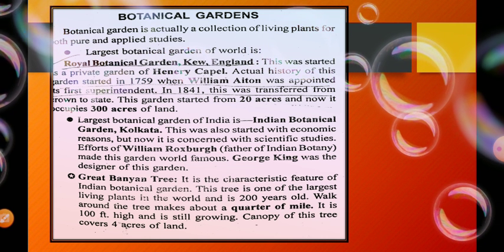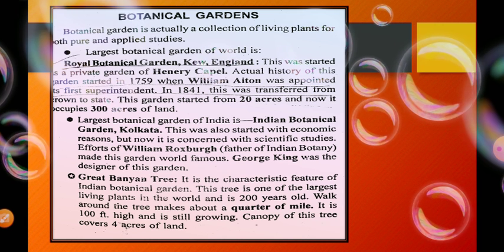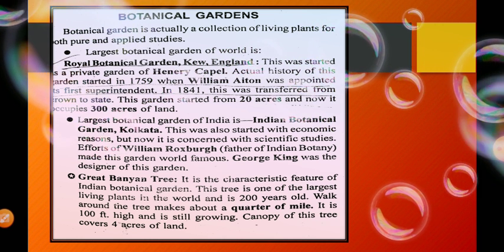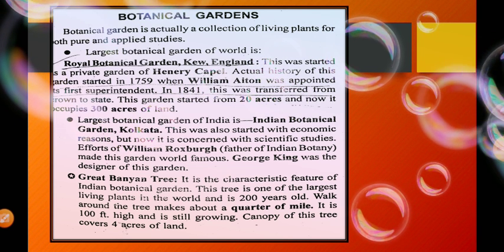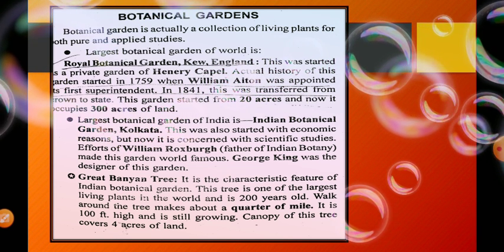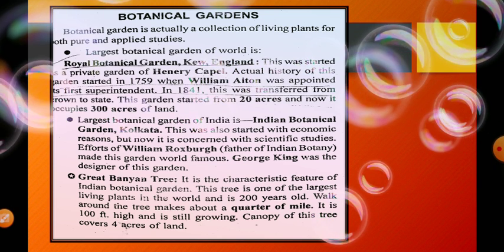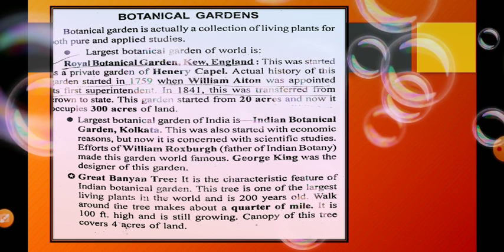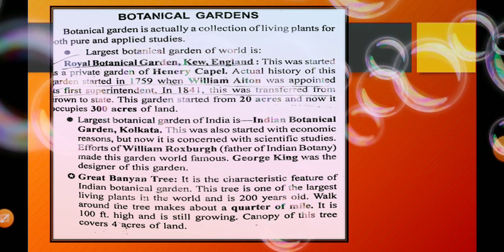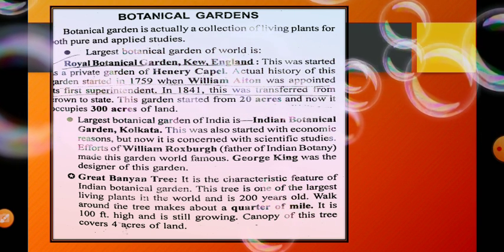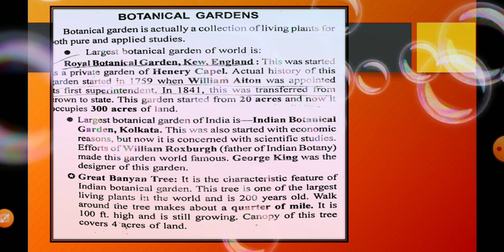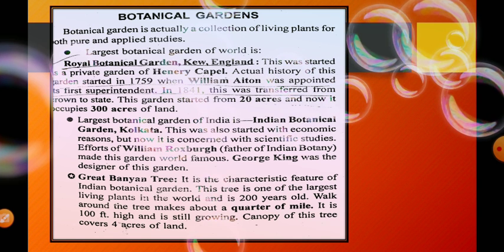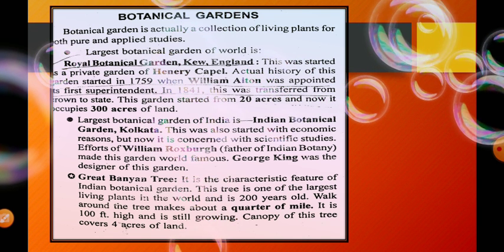The canopy of the tree covers 4 acres of land, so one single tree occupies 4 acres of land. That's why it's very interesting information regarding the Indian Botanical Garden, Kolkata, and the Great Banyan tree is its main characteristic feature. So these are some information regarding botanical gardens, that's why I'm adding this in this video.